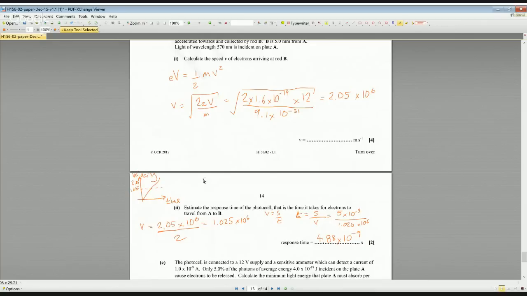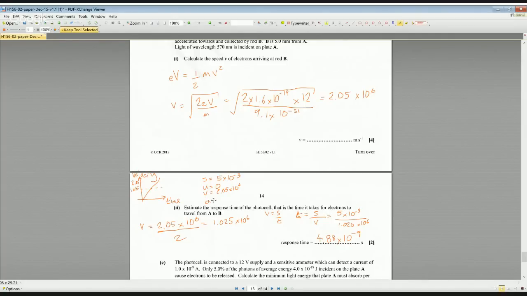So let's write out Suvat. S is our distance, which is 5 times 10 to the minus 3. U is 0, it's the initial velocity. V is our final velocity, which we know to be 2.05 times 10 to the 6.